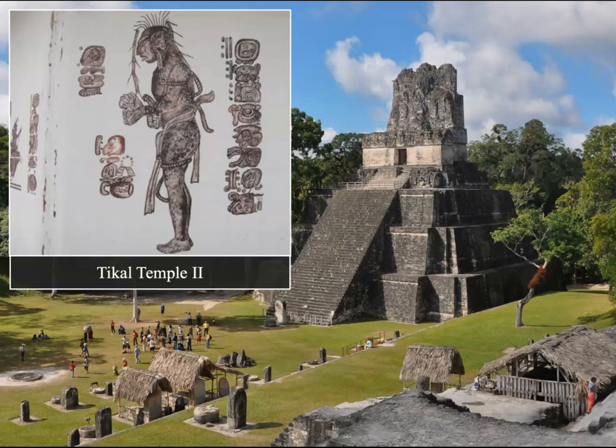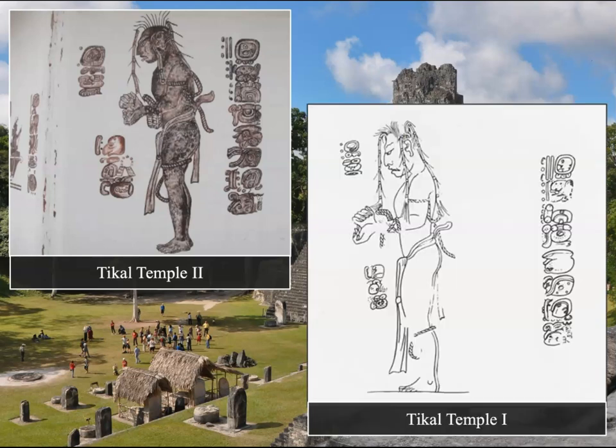So some of the warriors and the most important prisoners were, and the rest of them usually kept for labor around the city. And it was most evident in the classical period, with decapitation as well as heart extraction. And you can see that in these images here, in glyphs.